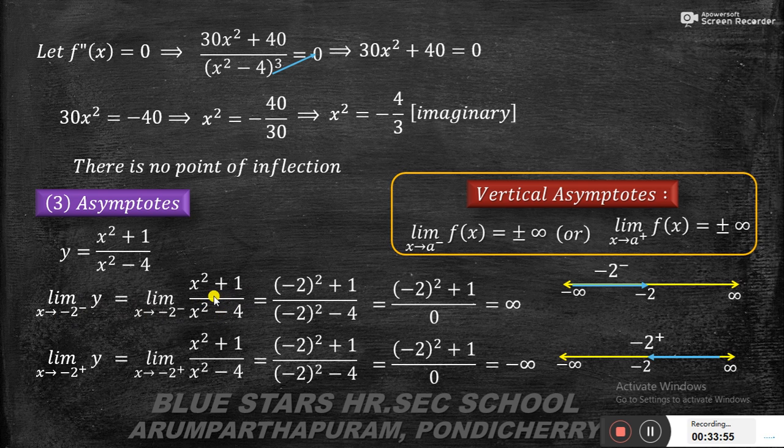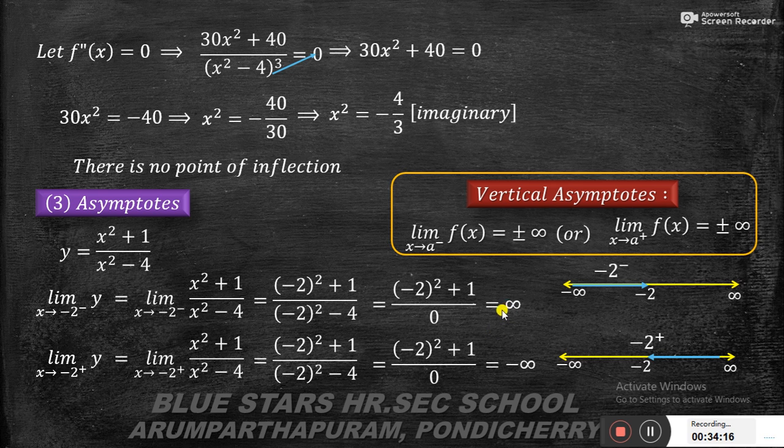Now I substitute x equal to minus 2: (minus 2) whole square plus 1 by (minus 2) whole square minus 4. So (minus 2) whole square is 4, 4 minus 4 is 0. So 1 by 0 is infinity. So the left limit of infinity is minus infinity.